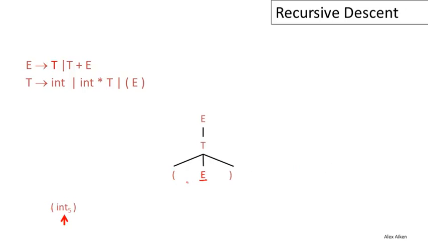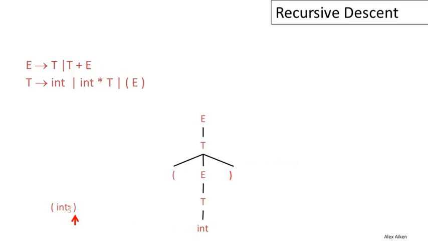We have to expand this non-terminal e, and we're going to do the same thing we did before: start with the first production. So we have e goes to t, and then we have to work on t, so we pick the first production for t, t goes to int. Now we can compare. Is int matching int in the input? Indeed it does, and so we advance the input pointer again.